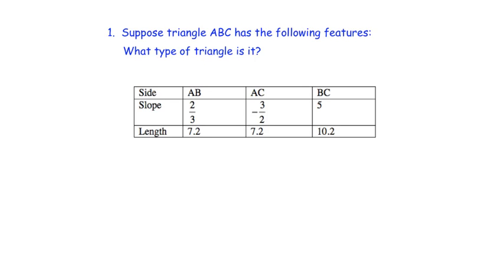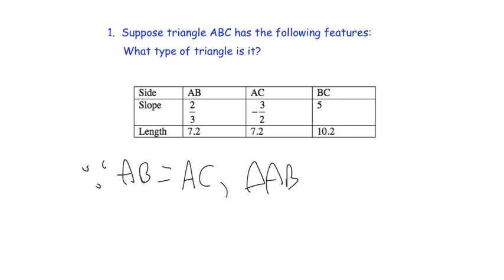And so because of that, I can say that AB equals AC. Since AB equals AC, triangle ABC is isosceles. Okay? So that's the first thing.